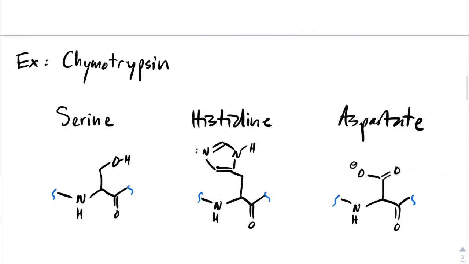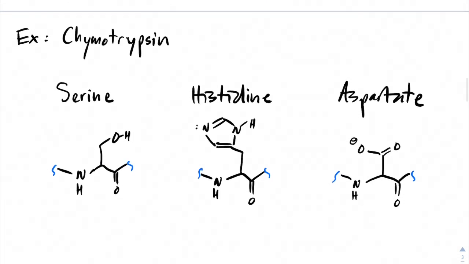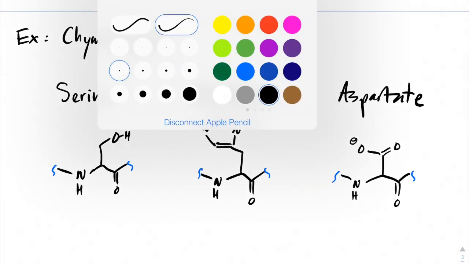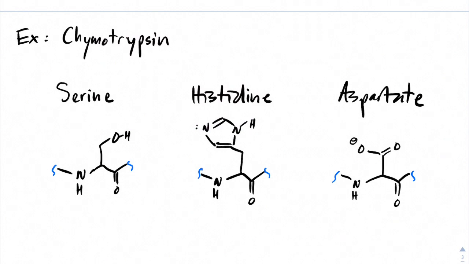Here is our example, chymotrypsin, and it's composed of our 3 amino acids here, which is serine, histidine, and aspartate. As we know from our amino acids fundamental knowledge, this is the base of our amino acid, and we could see this in all of our amino acids.